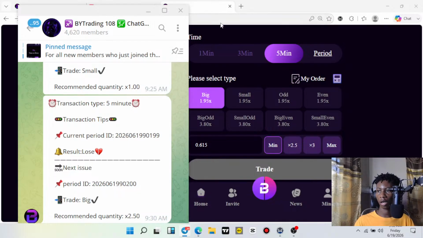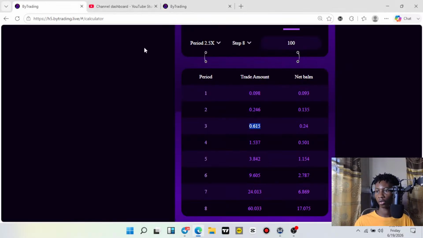And as we are actually on the phase 3, you guys should take note of this net profit. You can see that it has already increased from this to this. So in each phase, the net profit would continue to increase. For instance, if we get to the sixth phase, this is the net profit I'm going to be expecting.